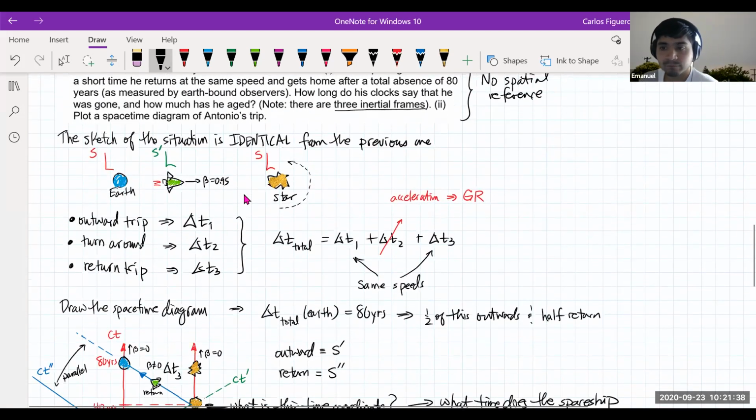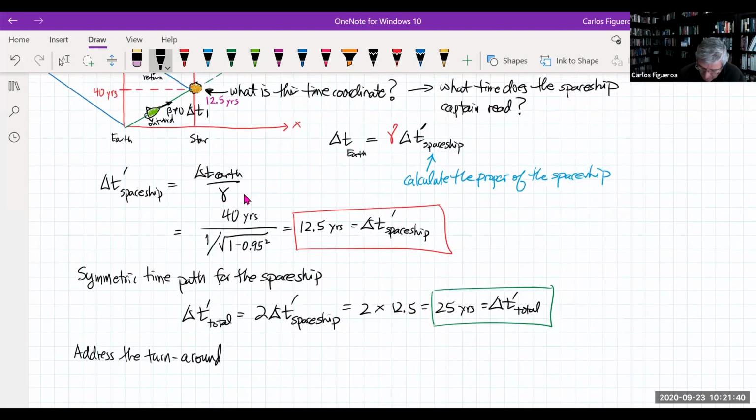So one of the things that I want to address here is the turnaround time. And what we said here is that when I look at the total time of the spaceship, it's going to be T1, let me take the prime off here, T2, T3.